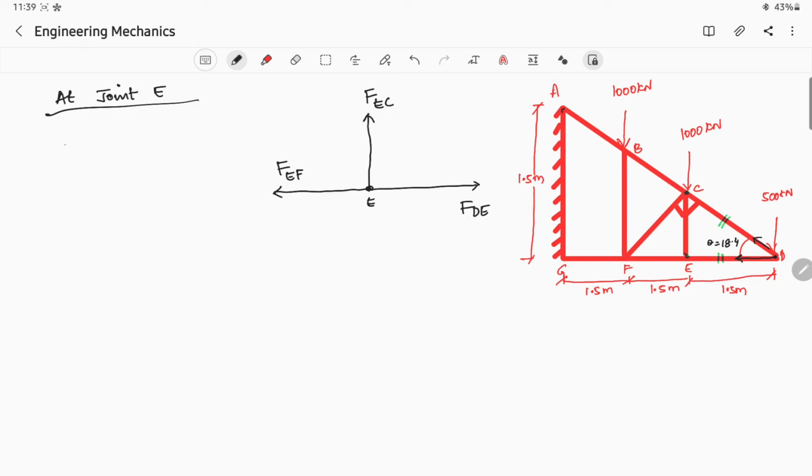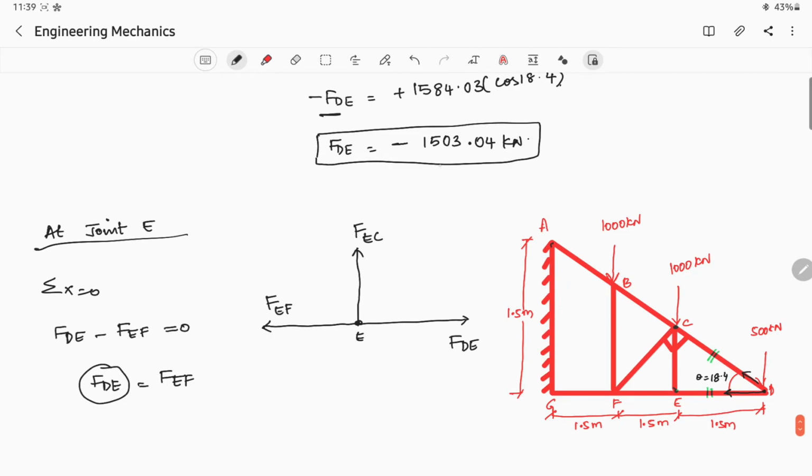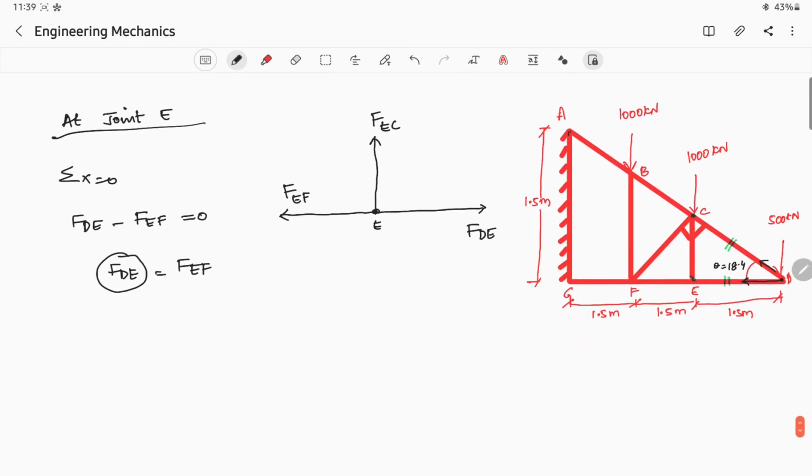So simply we have to do again, sigma x is equal to 0. Force in member DE is going in the right side direction and force in member EF is going in the left side direction. Any other horizontal force? No horizontal force, equal to 0. So force in member DE is equal to force in member EF, and we know force in member DE we have calculated just now, that is 1503.04.